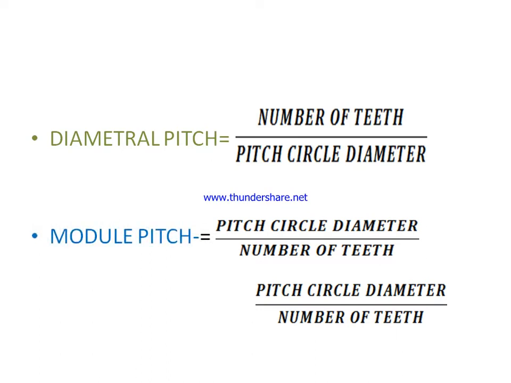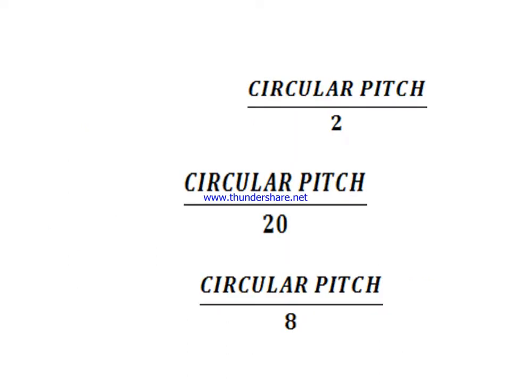Module pitch: pitch circle diameter by number of teeth. Circular pitch: pi into pitch circle diameter by number of teeth. Tooth thickness: circular pitch by 2.